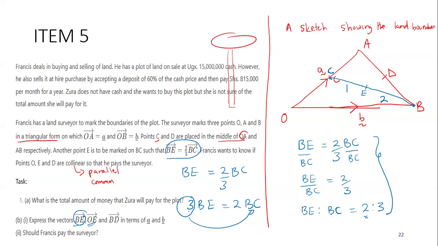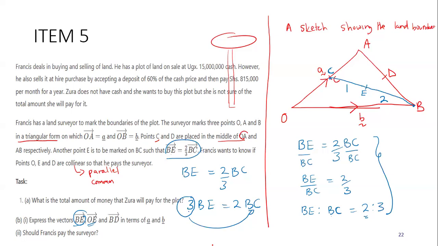So you're going to say, since OE is equal to 2ED, then vector OE is parallel to ED, and also they have a common point E, or you say, they pass through a point E. Therefore, Mr. Francis should pay the surveyors since the points are collinear. You conclude.